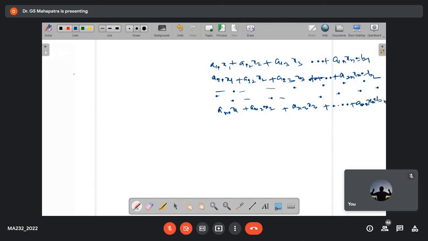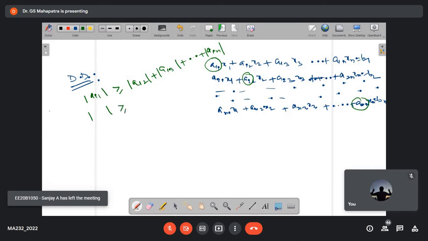So what is the diagonally dominant property? What are the diagonal elements? Here the diagonal elements are A11, A22 and so on. The diagonally dominant property is that modulus of A11 is greater than or equal to the sum of the moduli of the other elements, and this should be true for all the rows.